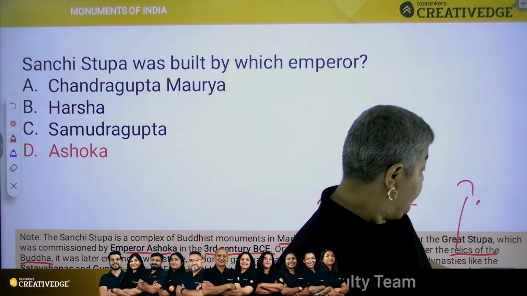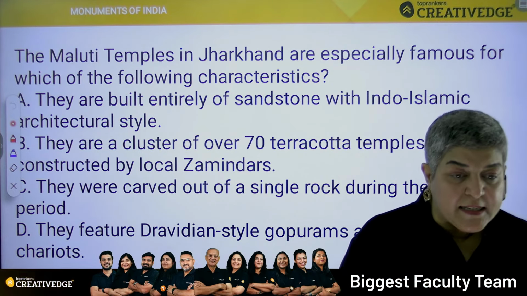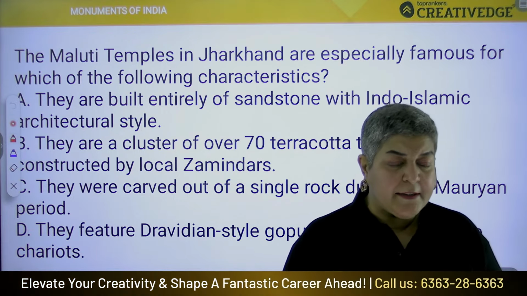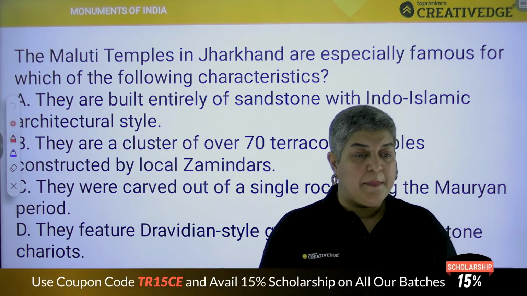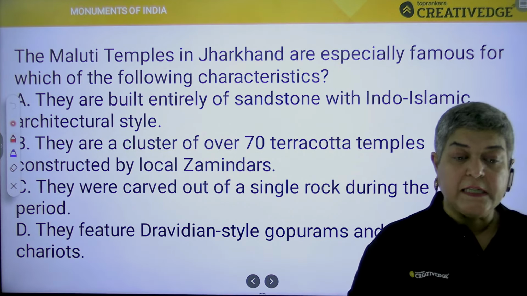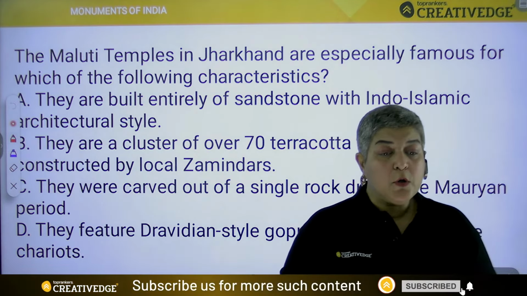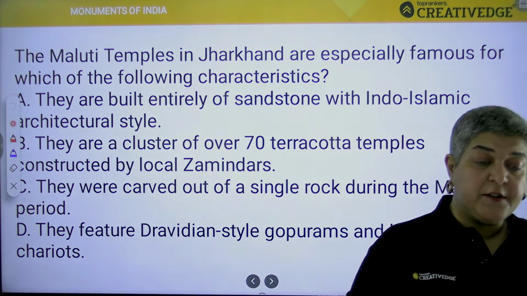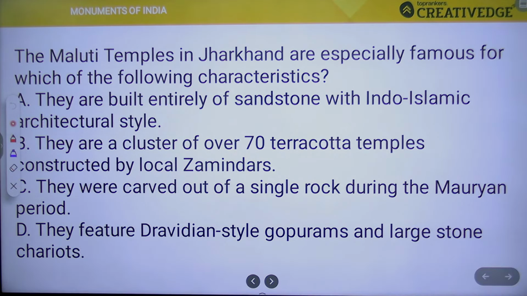Okay, let's move ahead. The Maluti temples in Jharkhand are especially famous for which of the following characteristics? They are built entirely of sandstone with Indo-Islamic architectural style. They are a cluster of over 70 terracotta temples constructed by local zamindars. They were carved out of a single rock during the Mauryan period, or they feature Dravidian style gopurams and large stone chariots.